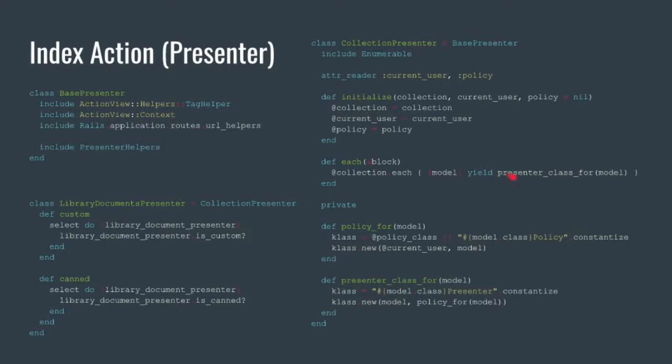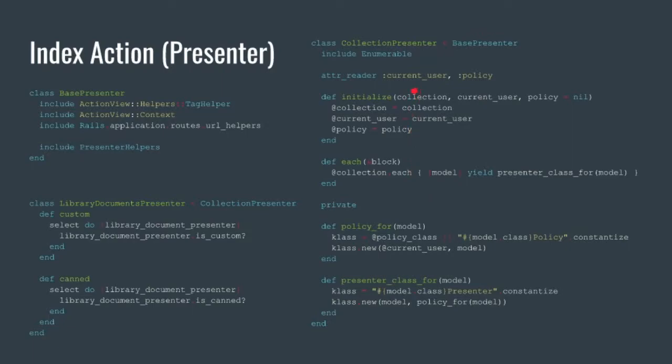So that's essentially what this is doing here: grabbing the model and then creating the model presenter, which, like I said, is the other type of presenter. So the collection presenter basically takes the collection of Active Record objects and creates a collection of model presenters from those.